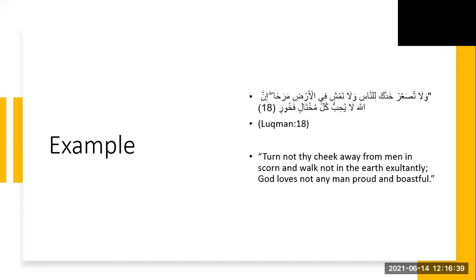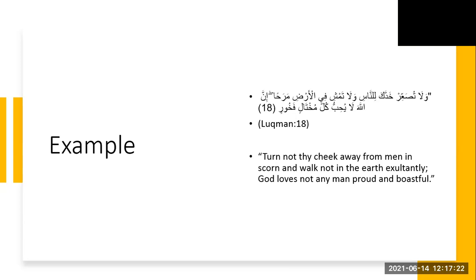Okay. لا تصعر خدك للناس means لا أعرض عن الناس وأدير وجهي عنهم في تعالي واحتقار. One of the finest advices in Quran. So how to translate تصعر؟ تصعر تتضمن لوي الوجه والإعراض مع التحقير والتعالي. How to translate this in English?